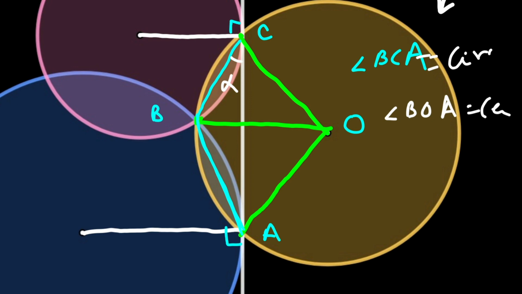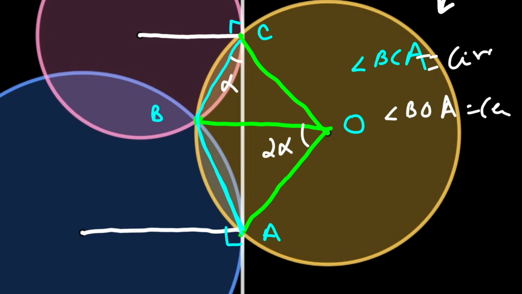According to the theorem, the angle subtended by this chord at the center would be double the angle subtended by it at the circumference. We have already taken the angle subtended at the circumference as alpha. Hence, the angle subtended by this chord at the center, that is BOA, would be 2 times alpha.